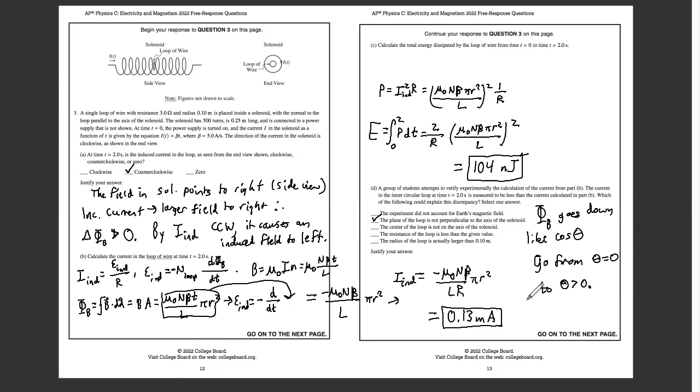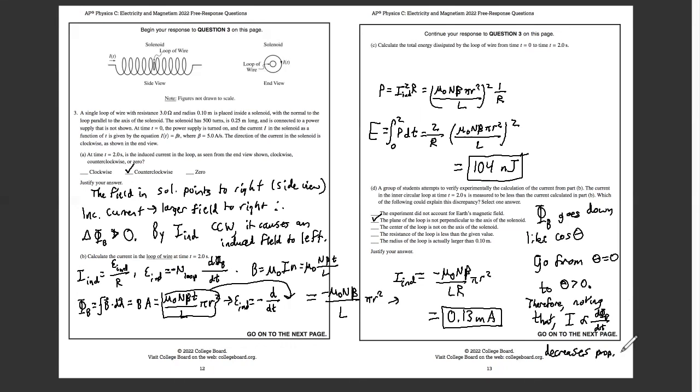And so, noting that we do end up having this entire expression right here, because the induced current is proportional to the change in flux over change in time, that is going to decrease proportionally.